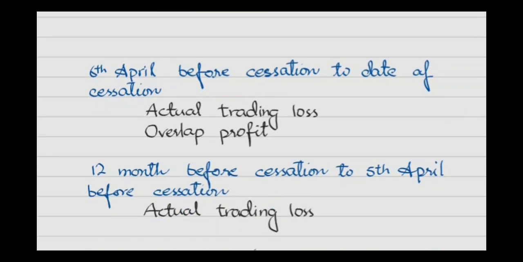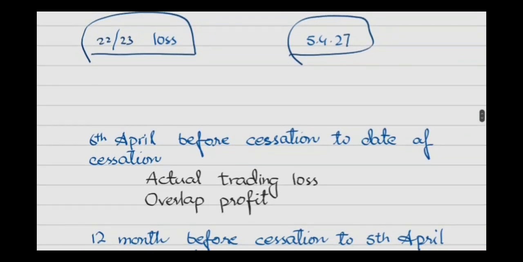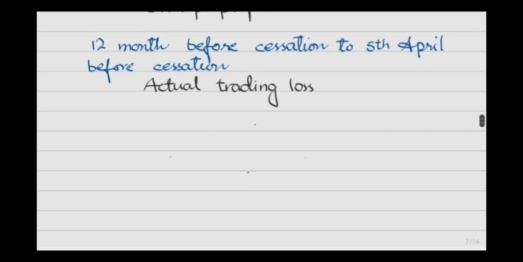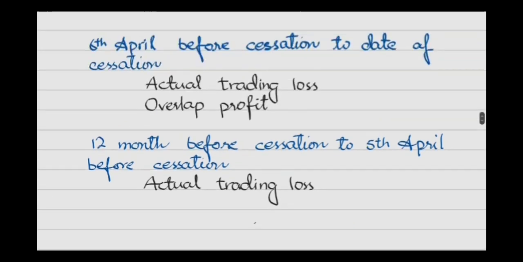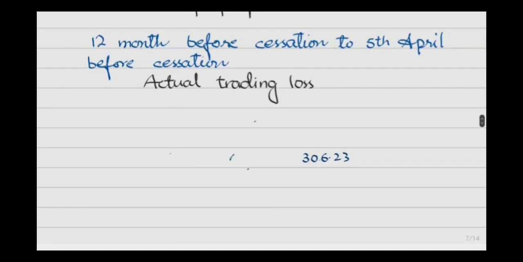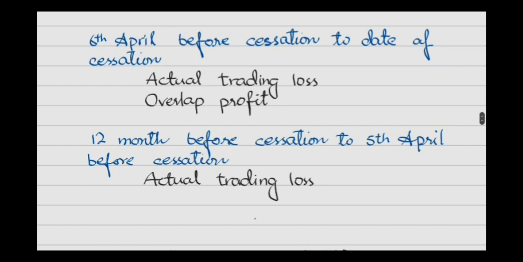First, we have to consider 6 April before cessation to the date of cessation, right? What does it mean? If your business is going to end on 30 June 23, you have to consider from 6 April 23 to the date of cessation.